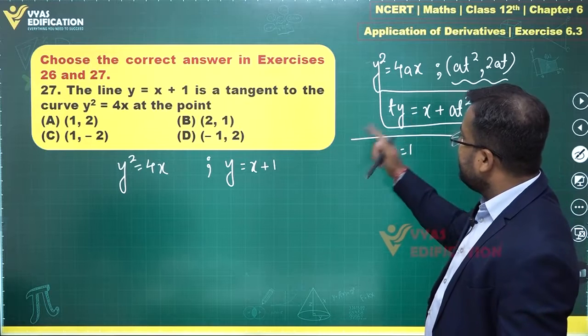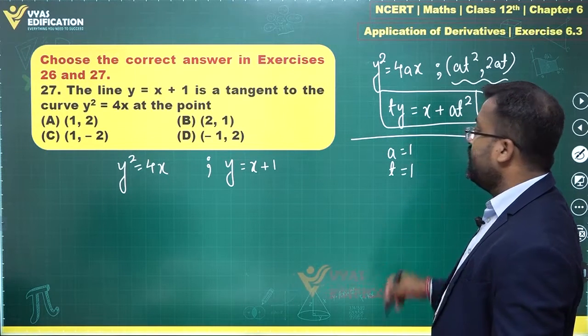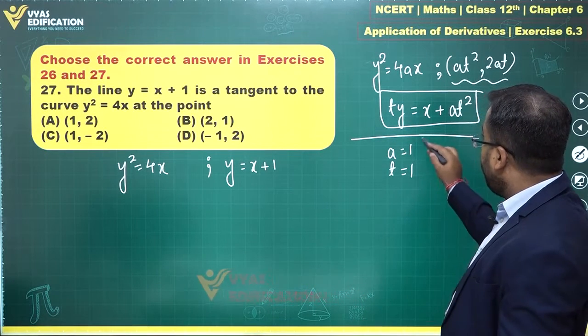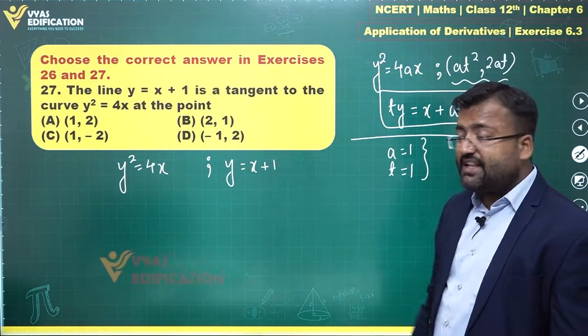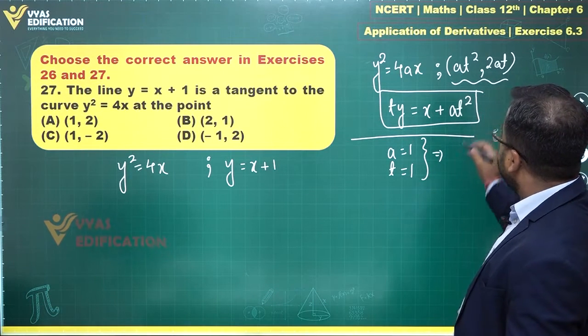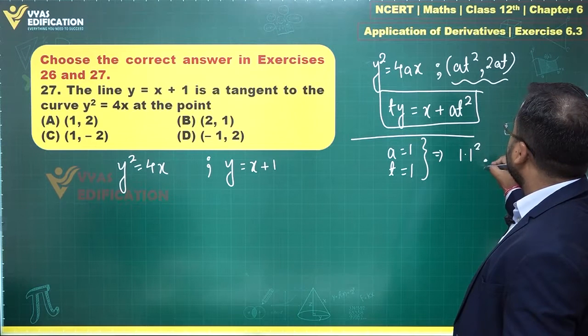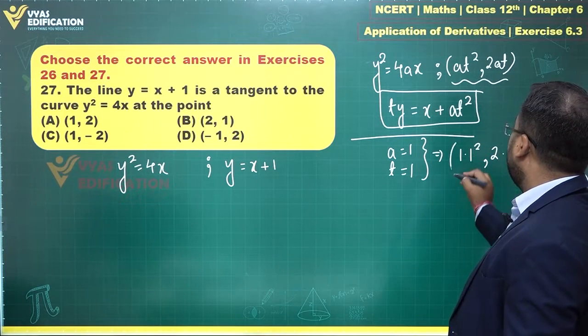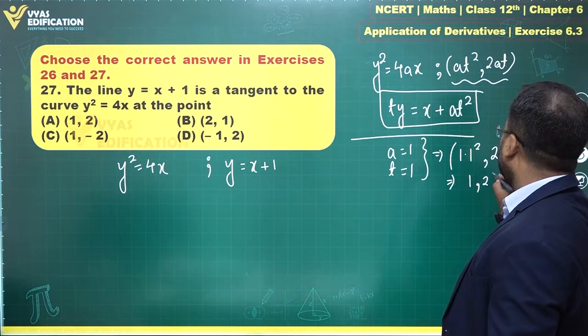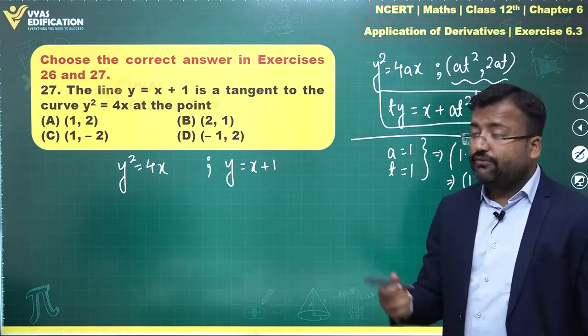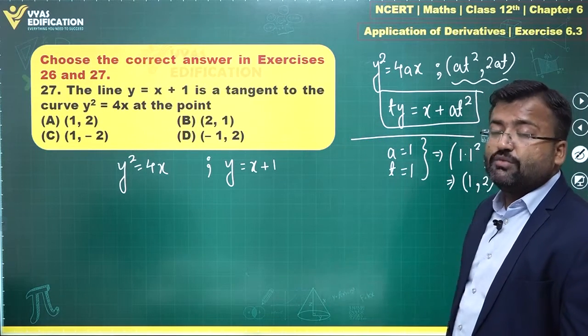And the other thing is that t is also equal to 1. Okay. So this is the equation of tangent, and therefore point will be 1 times 1 square comma 2 times 1 times 1, which will give me 1 comma 2 should be the point on the curve at which we are supposed to find the tangent.